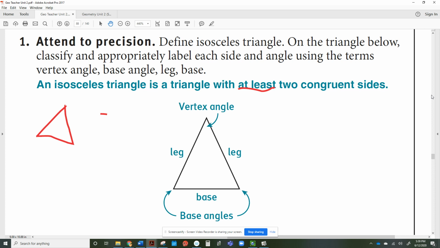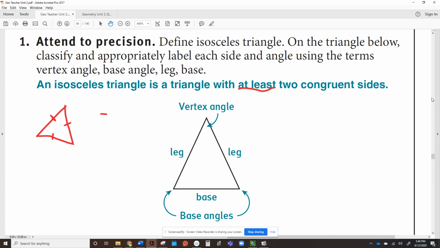Now, you probably have already learned in previous courses that a triangle with all three sides congruent is called equilateral. And if you haven't, I think you learned it earlier in this course, but an equilateral triangle is also an isosceles triangle. So, just a little detail that could mess you up on a test question if you're not careful and know the definition precisely. So, at least two congruent sides.